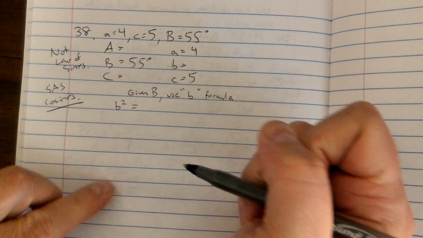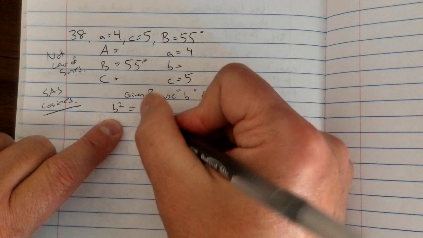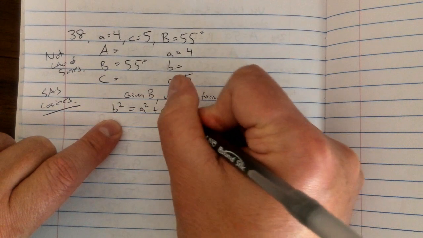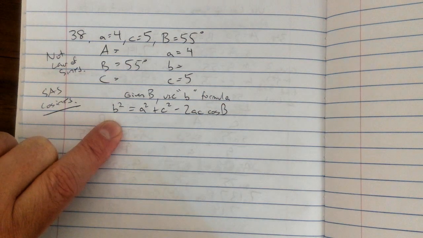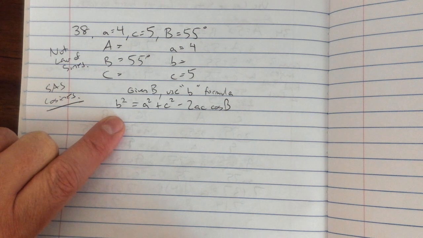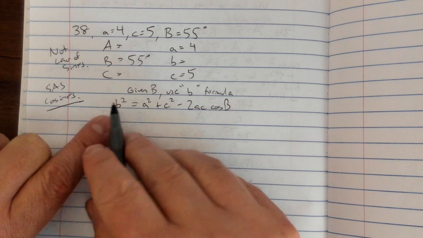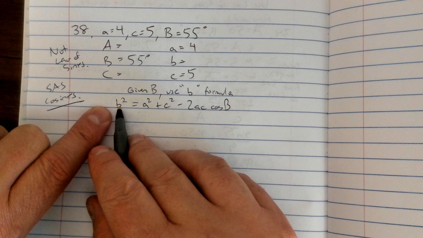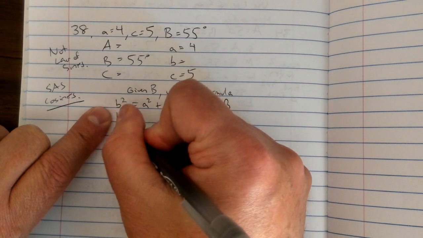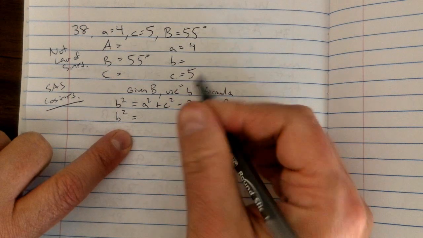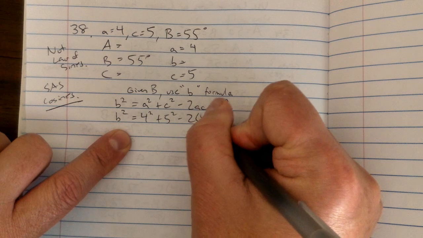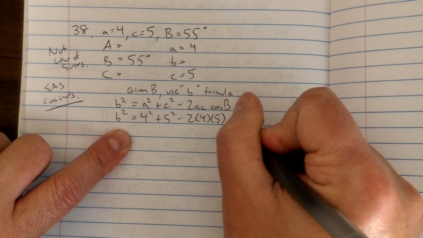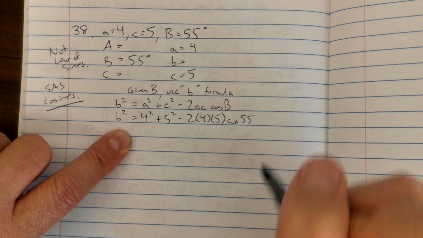B squared equal A squared plus C squared minus 2AC cosine B. Okay, so B squared, don't know what that is. And then 4 squared plus 5 squared minus 2 times 4 times 5 cosine 55.